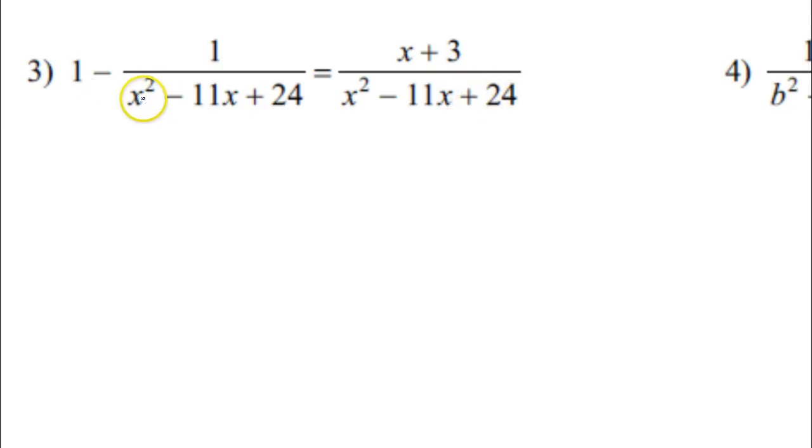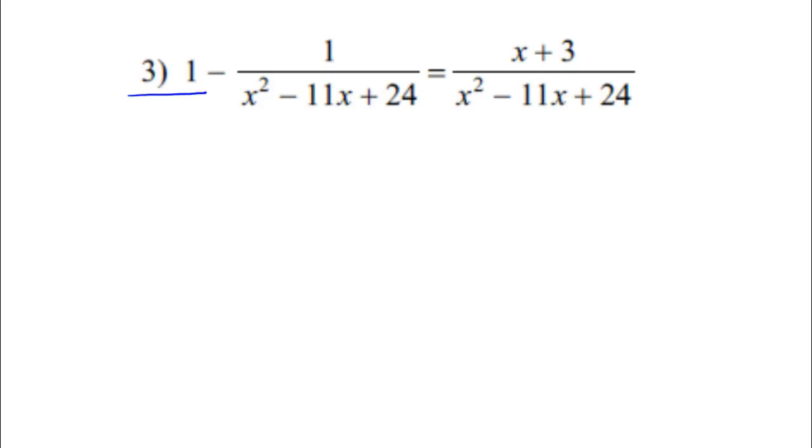So, normally I would factor these down, but I don't think that's going to be necessary this time, because all I really need is for this first one to have the same denominator as the others. So all I have to do is give this number 1 a denominator.